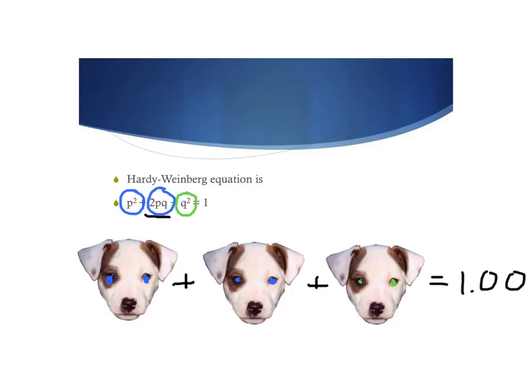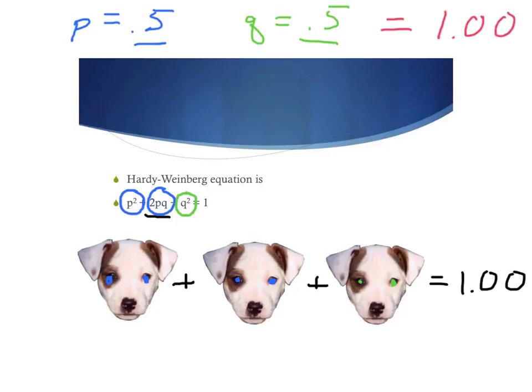Now that we've represented visually the physical traits, let's revisit our mathematical equation. We said that, again, blue eyes is equivalent to p, and p was 0.5, 50% of the alleles. That's the allele frequency. And we said that q is also equivalent to 0.5. We said that was the allele frequency of q. And when we add those together, again, we end up with 0.5 plus 0.5 is equivalent to 1. So 100% of the next generation.